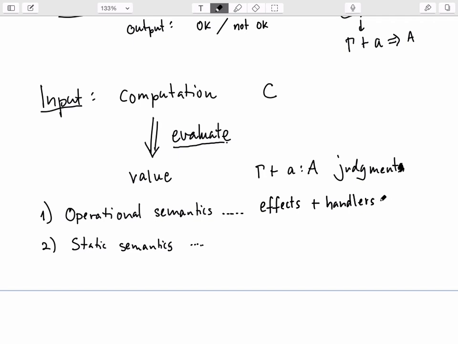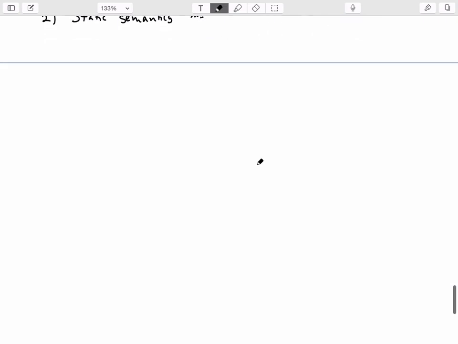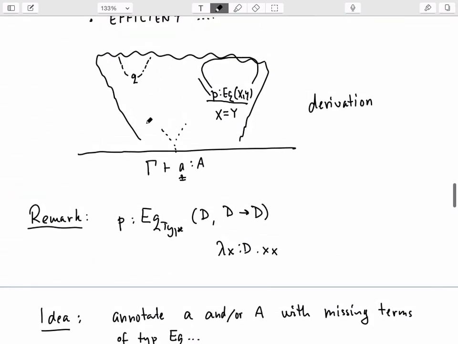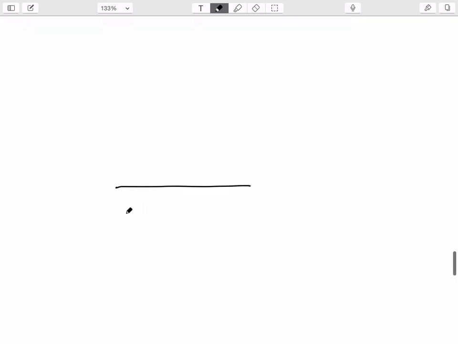The idea would be the following. By the way, now I'm not going to think of a computation as a derivation anymore. Instead, I will think of a computation as an evaluation. So I have a C, which will evaluate to some result. So at the end, I hope to get a judgment out.